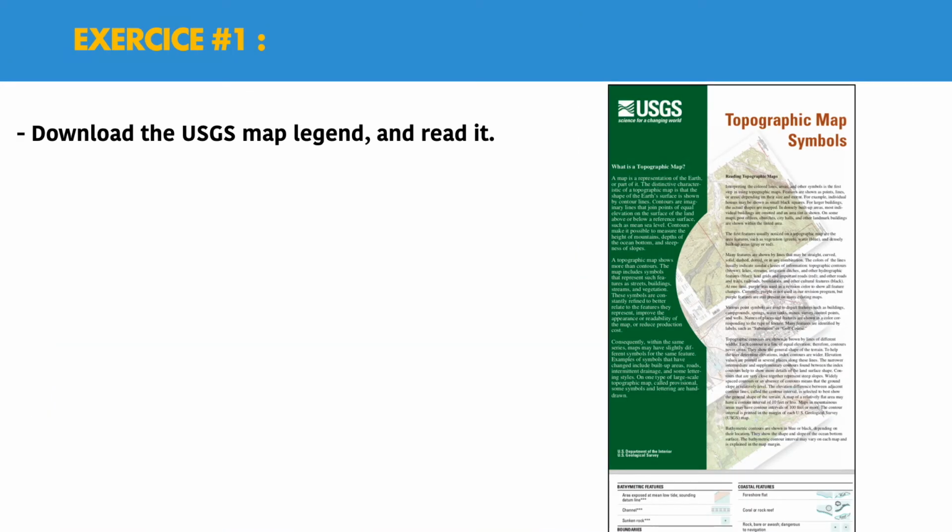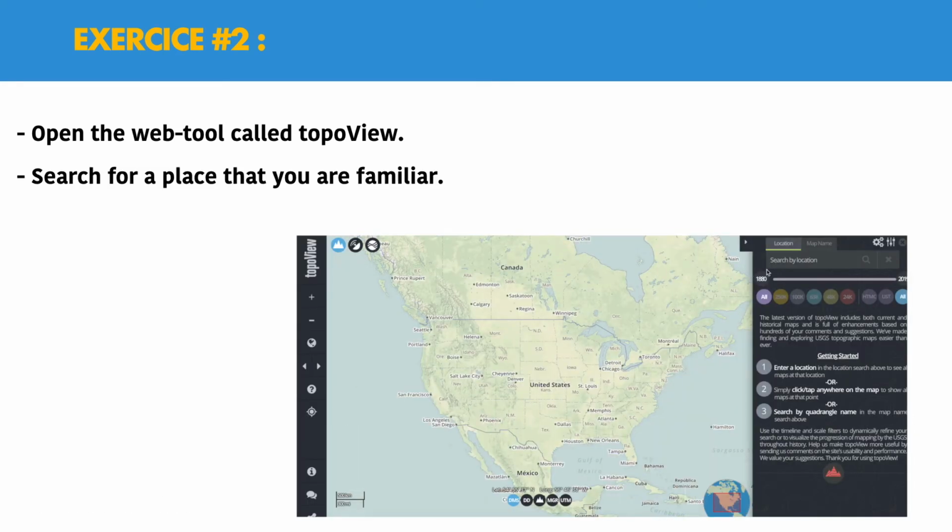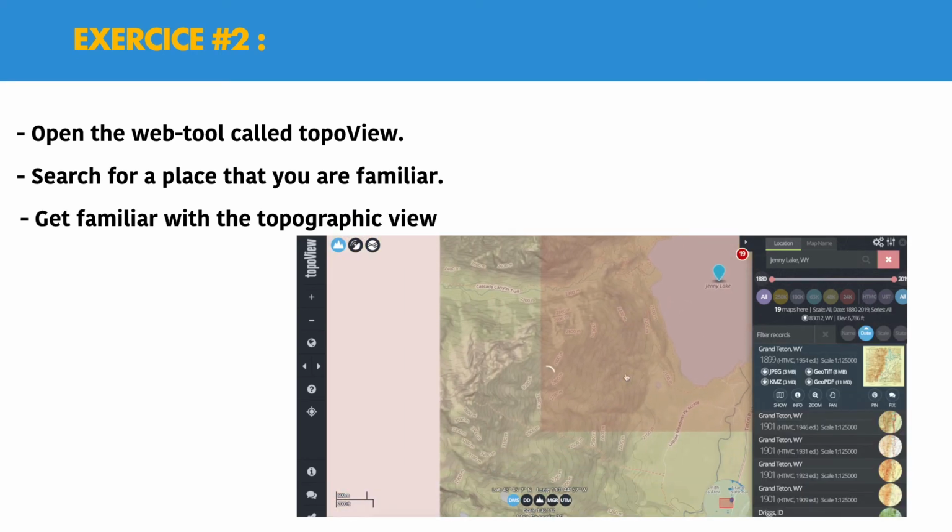Exercise number 1. In the first exercise, I want you to download the USGS map legend from the link below the video and read it. Then in exercise number 2, I want you to open the web tool called Topo View, link below, and search for a place that you are familiar with and see the topographical view.